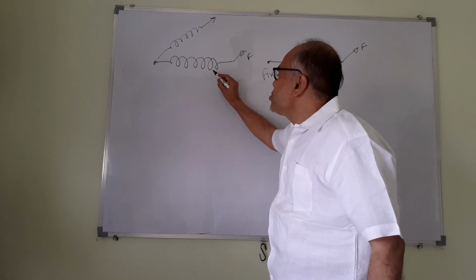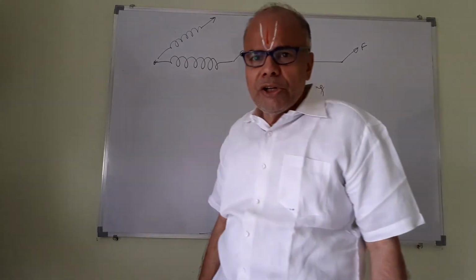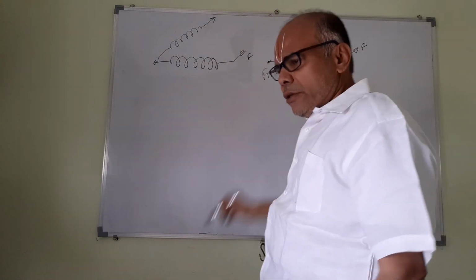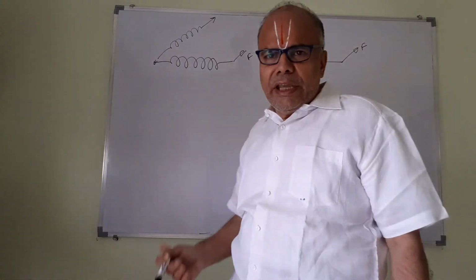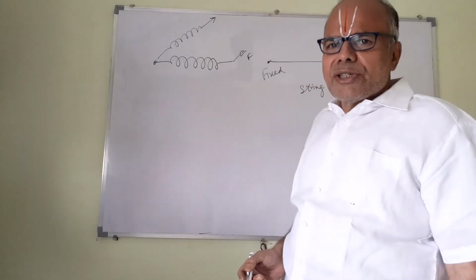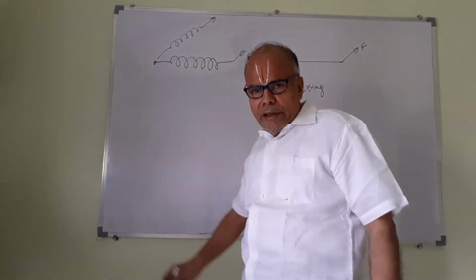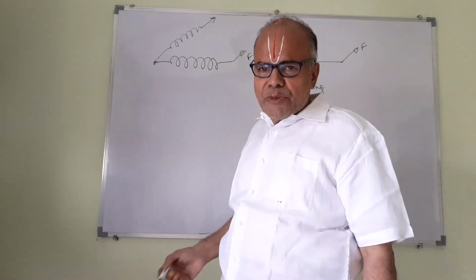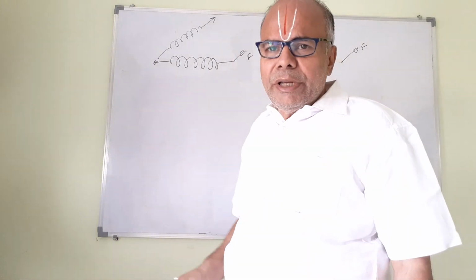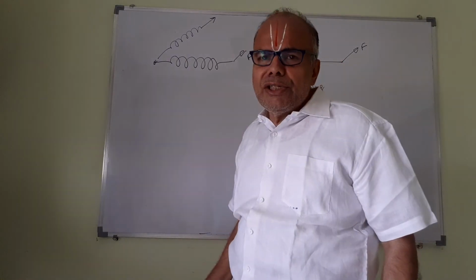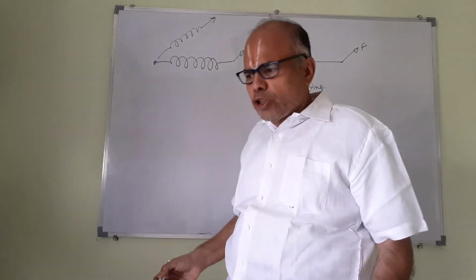So the spring is slow, it is sloppy. Whereas in a string, the tension can change instantaneously. But the force transmitted by a spring does not change instantaneously. It takes some time.